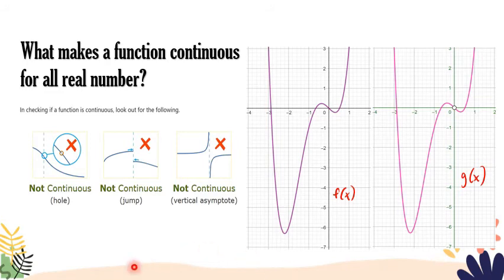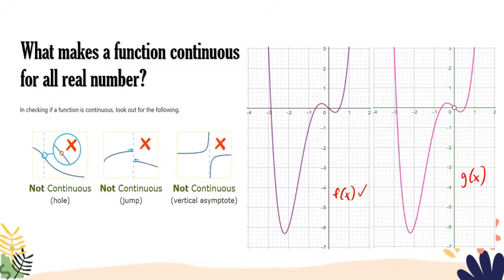Let's try to see which among the two functions is continuous at all real numbers. Again, which of the two functions, f of x and g of x, is continuous for all real numbers? Alright, correct. It's f of x.